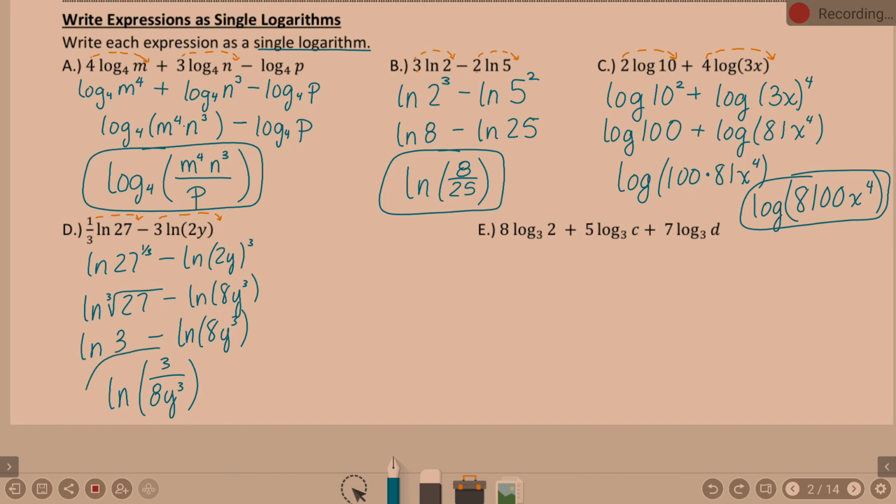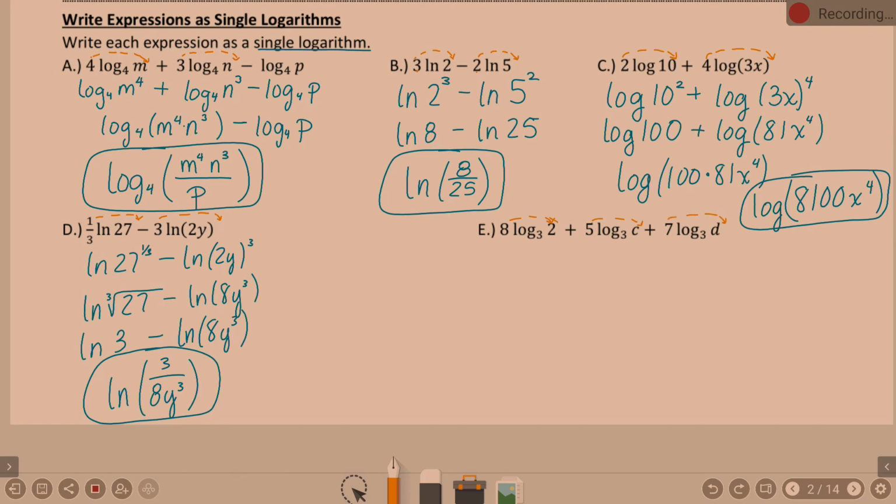Okay, guys. Can we get through this one real quick? Yeah. Okay, we can do it. First step. Power property, yes.